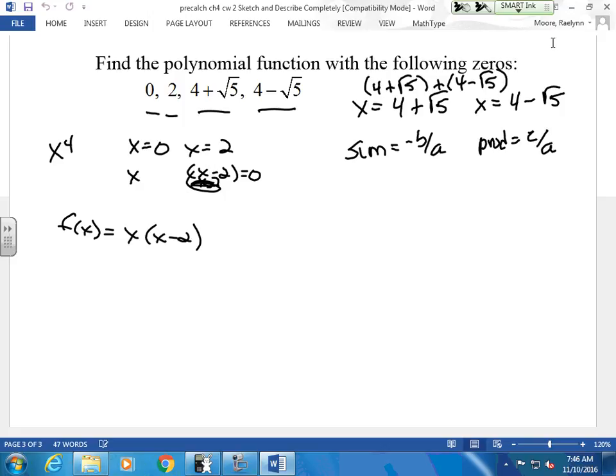What's going to happen to the radical 5s when you add these? They're going to cancel out. Do it in your calculator. And what do you get? What's the sum? 8.